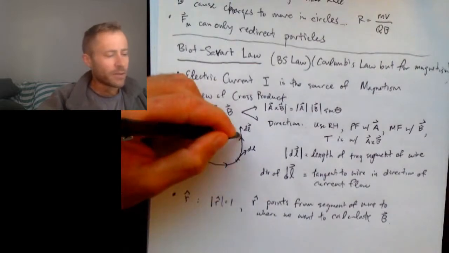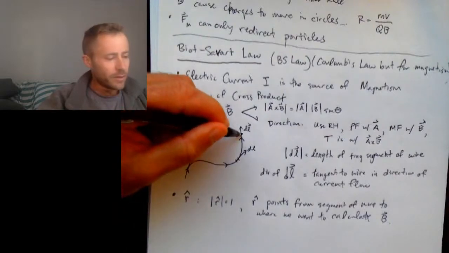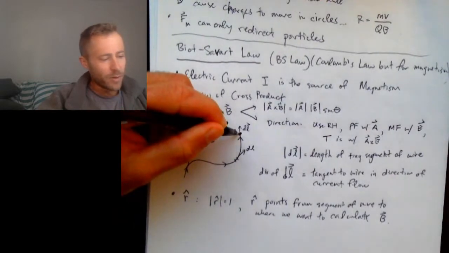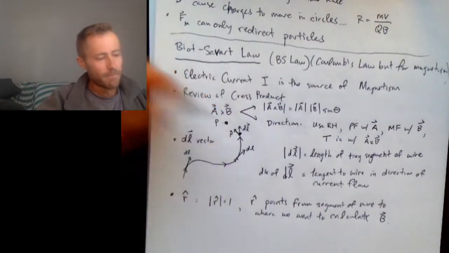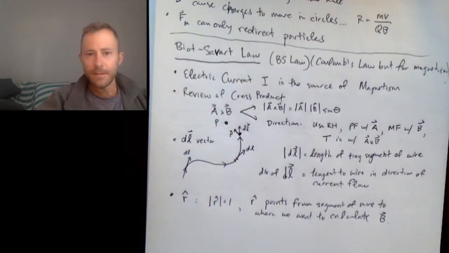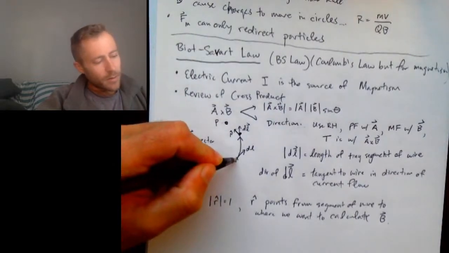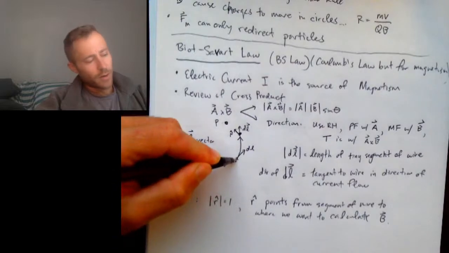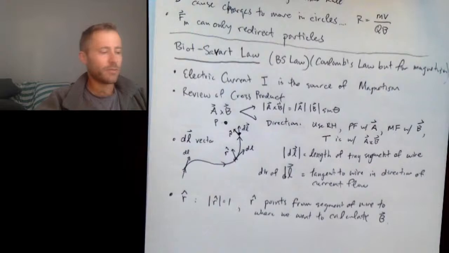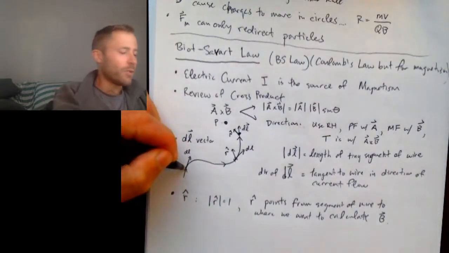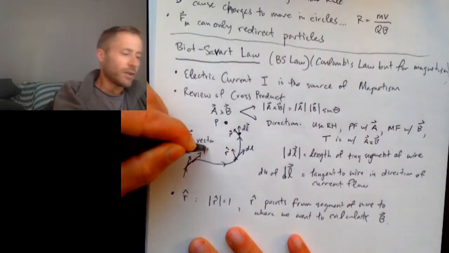Then the r hat vector for right here at this location is going to point from that segment of wire to the point P. So that's r hat at this location.